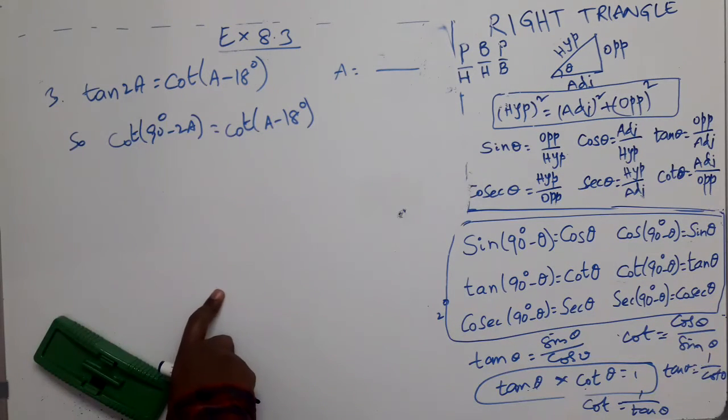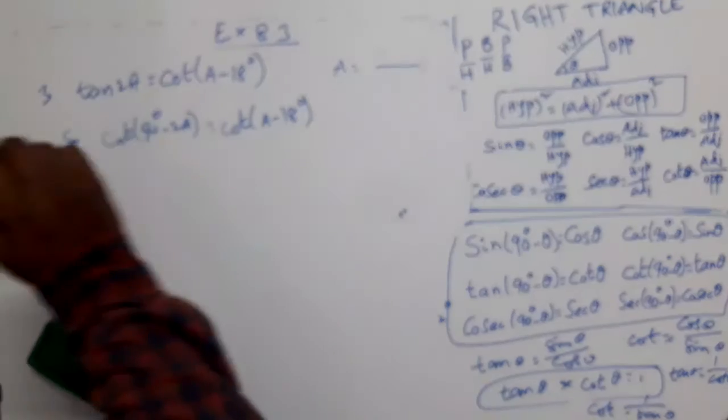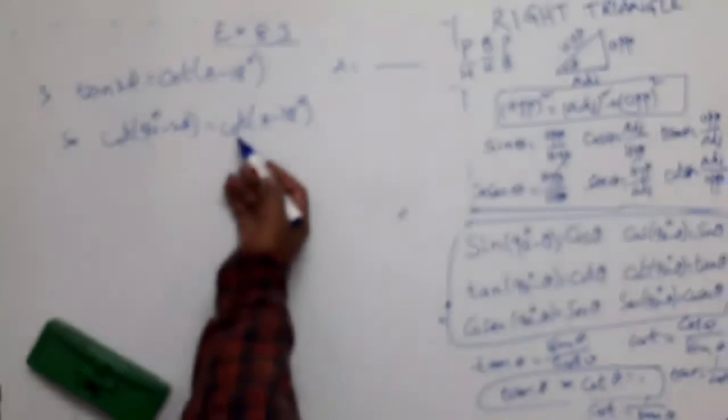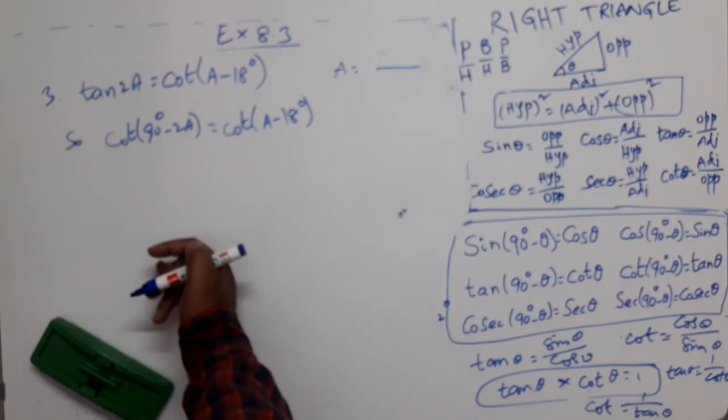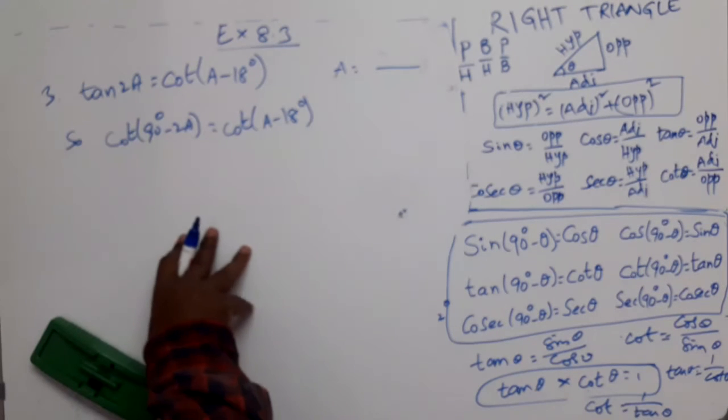What have you observed now? These two are the same now. Cot of something, cot of some other thing. So what can you write? In an earlier exercise, we solved one question: if cos A is equal to cos B, show that A is equal to B, where A and B are acute.